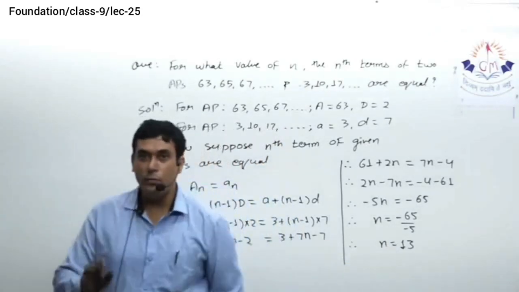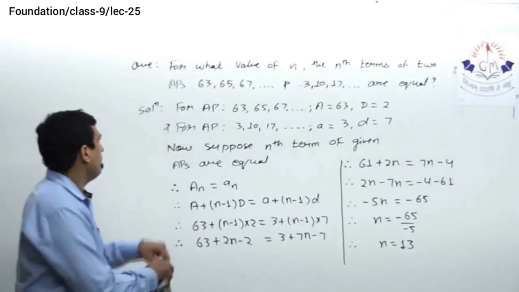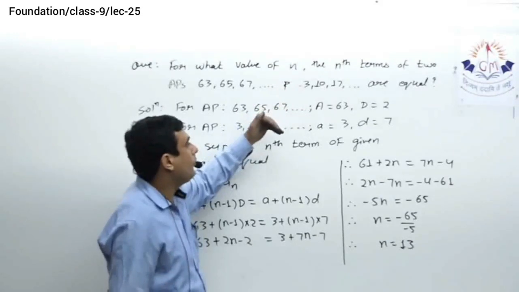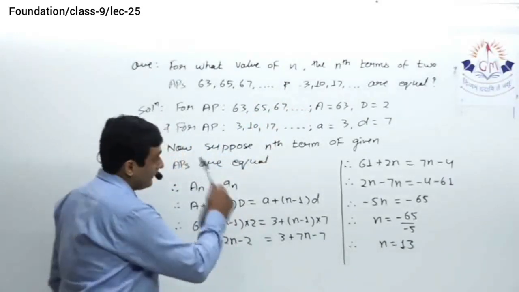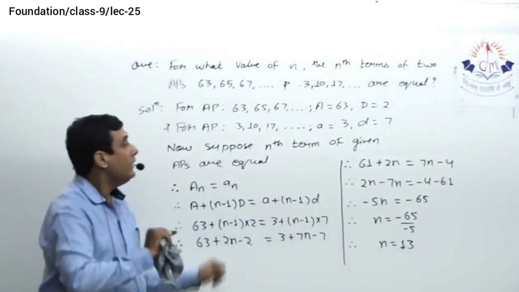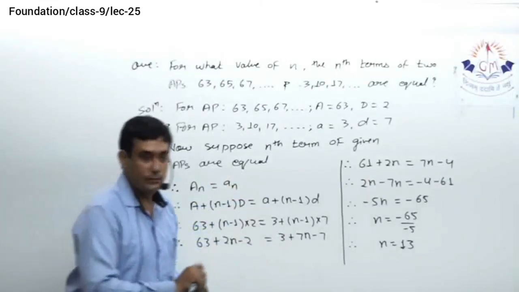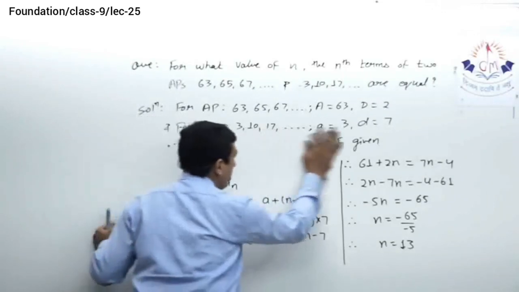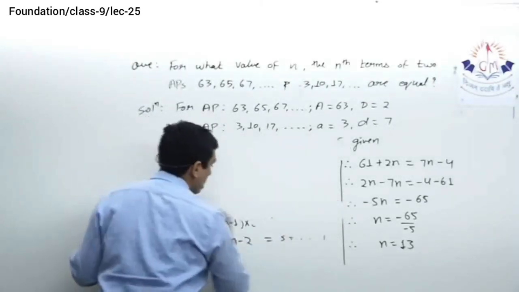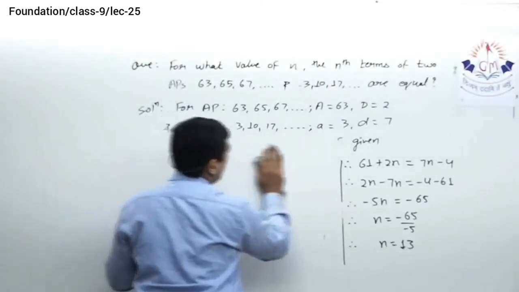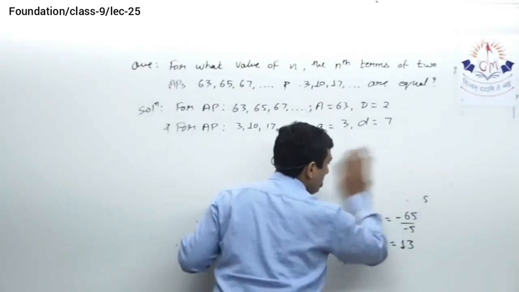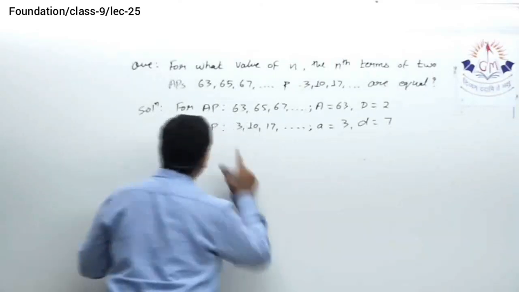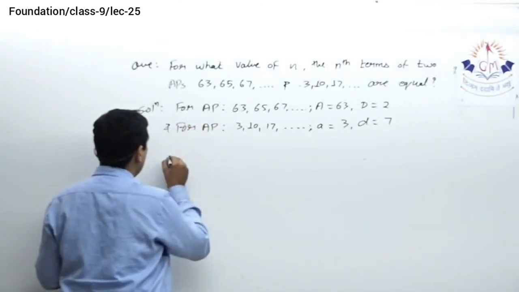Now I check, because the question is for what value of n the nth terms of the two APs are equal. Now we could continue in this way, find that term, also find that term. But let us see whether their 13th terms are equal or not. Now I will find the 13th term for this AP.